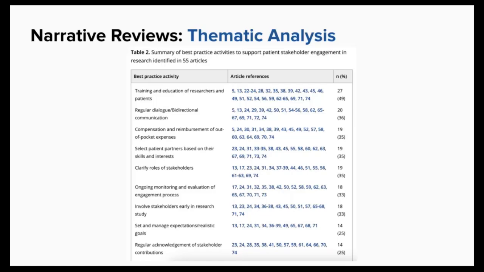And then finally on the far right, you'll see the N, or the percentage of their overall research sample that includes that particular theme. And so you'll see at the top, there's an N of 27 or 49% on the top right of articles include training and education of researchers and patients. And so that is obviously a very important theme.